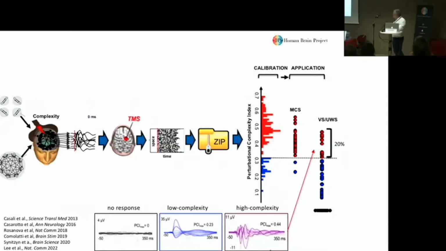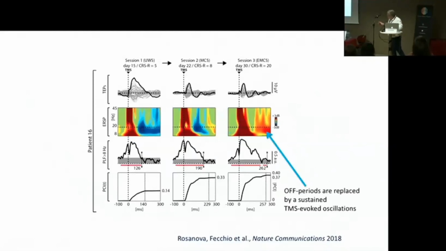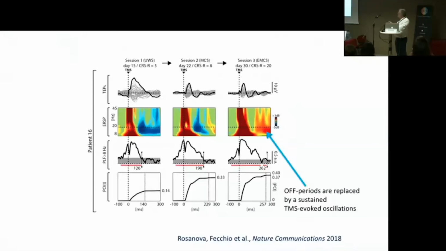But I will also show that the off periods or cortical bistability is disappearing, and is leaving room for a sustained electrical response to TMS when the patient is emerging from the MCS.